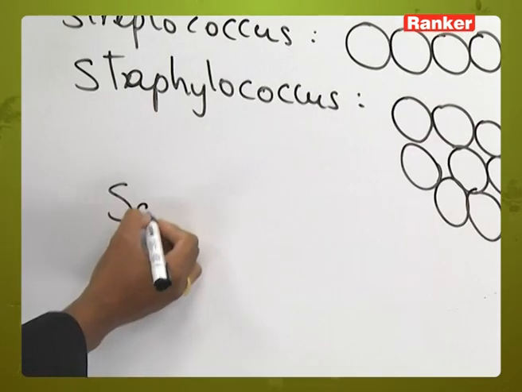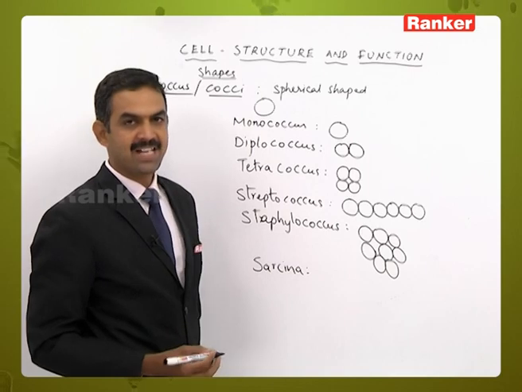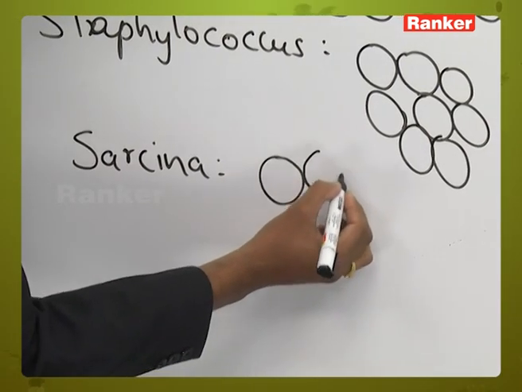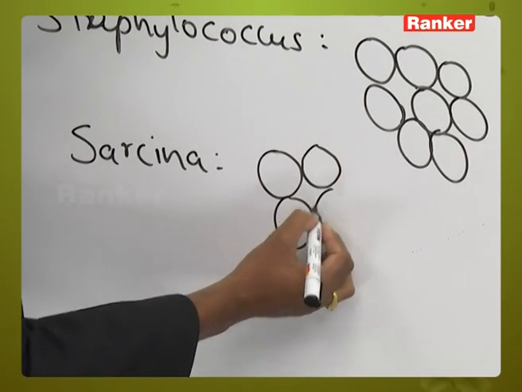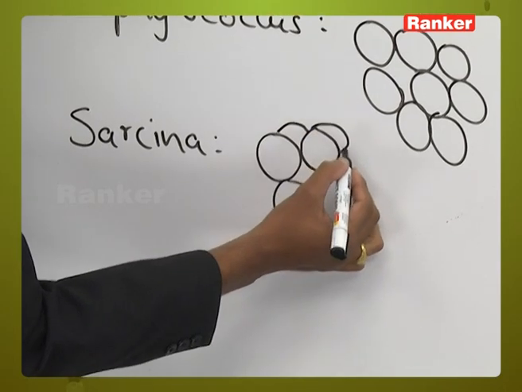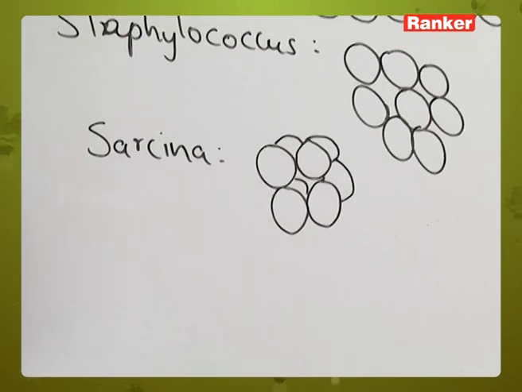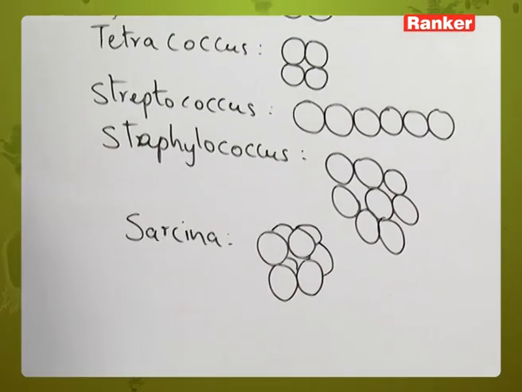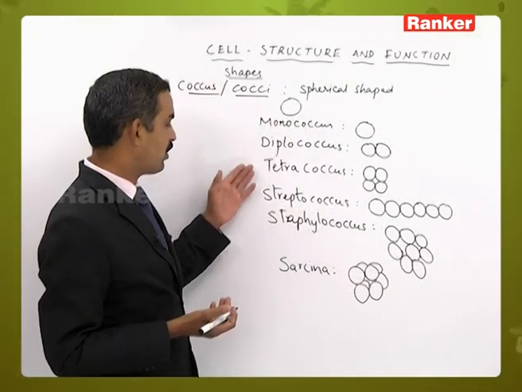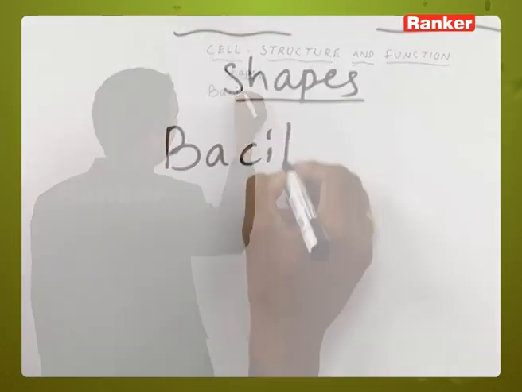Then Sarcina, which has 8 spherical structures arranged in the form of a cube. 4 can be seen here and the remaining 4 on the other side. So the cube-like arrangement is called Sarcina. Like this, the first one is coccus, and based on the number of spherical structures, mono to Sarcina are present. Next one is bacilli or bacillus.